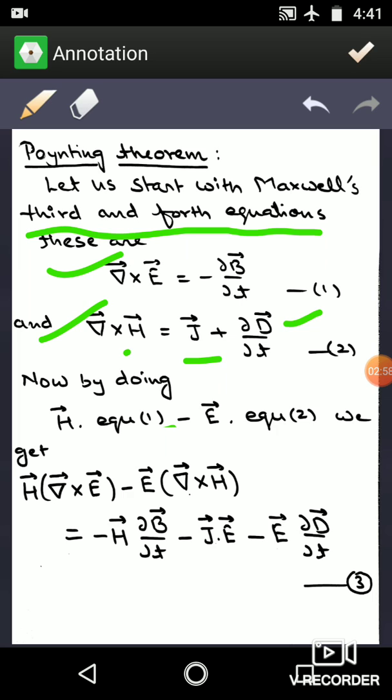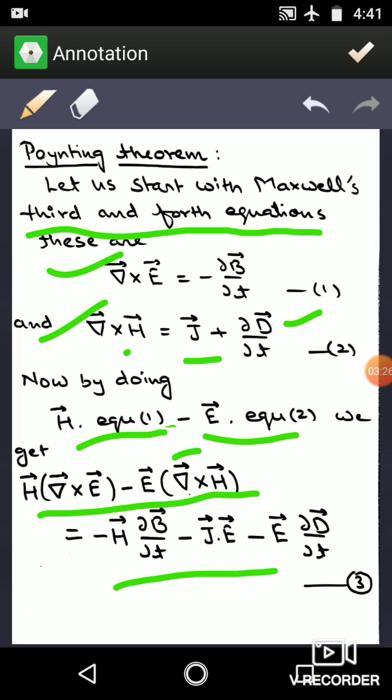Now what we are going to do is take the dot product of equation 1 with H and the dot product of equation 2 with E, and then subtract. What we get here is H dot del cross E minus E dot del cross H on the left hand side.